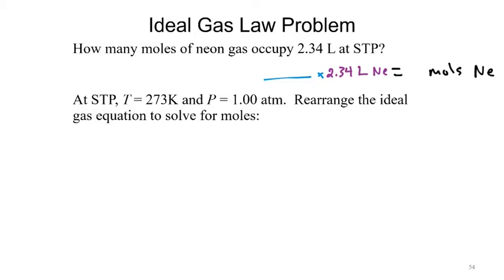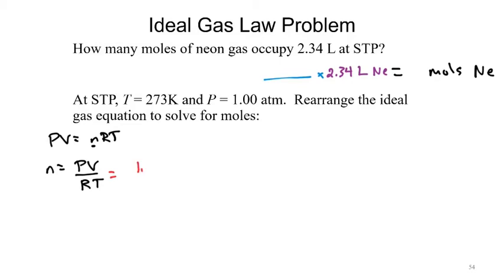I'm going to launch into our PV equals nRT. This is one of those things where you might be selective and stop listening to me, and that's okay. I want to solve for moles. Moles was that N, so I want N equals PV over RT. Now I could start to sub stuff in here.